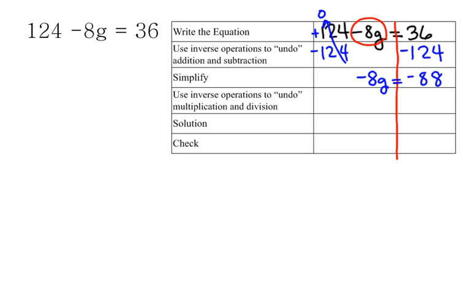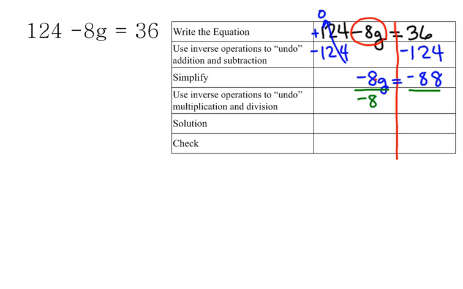Now, my final step is to undo the multiplication and division. And I know that there is multiplication hiding in there. It's actually negative 8 times g. So the opposite of times by negative 8, or the inverse of times by negative 8, is divide by negative 8.